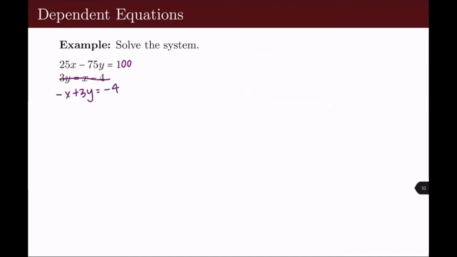We want the x's and y's on the same side. So that means my matrix is going to be 25, negative 75, 100, negative 1, 3, negative 4.